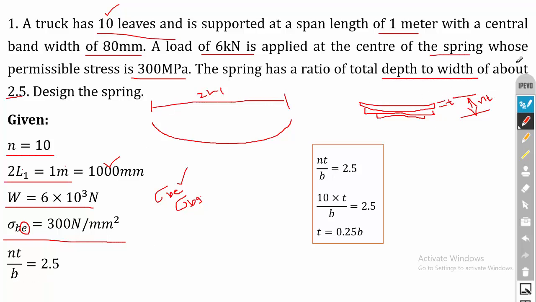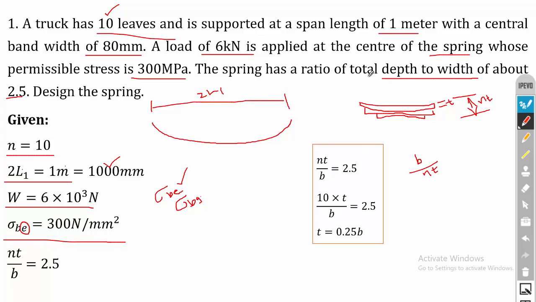So total depth to width means it is nT by b. In some cases, they may give you the ratio of width to depth. If it is width to depth, then it is b divided by nT. So you should be very careful about this.